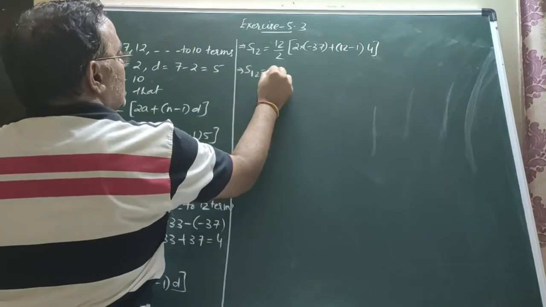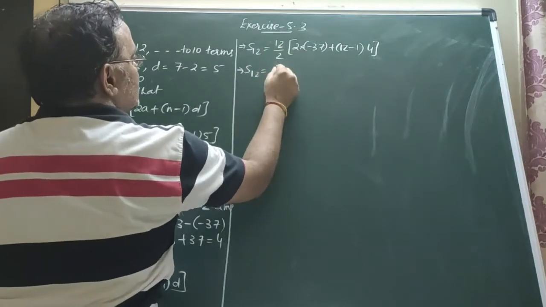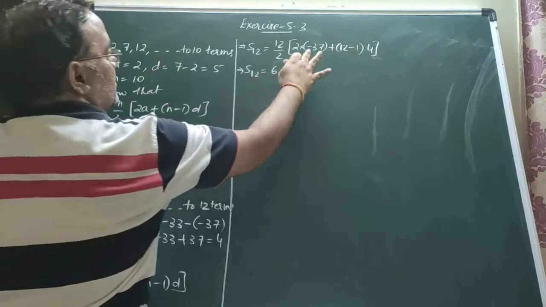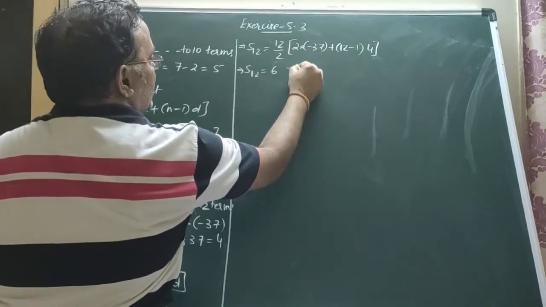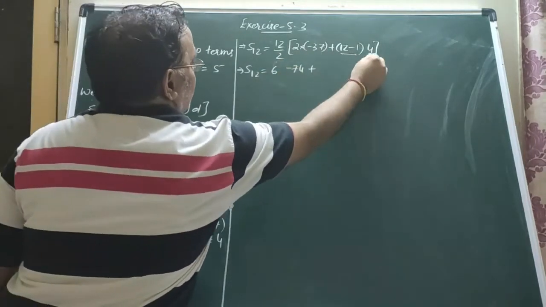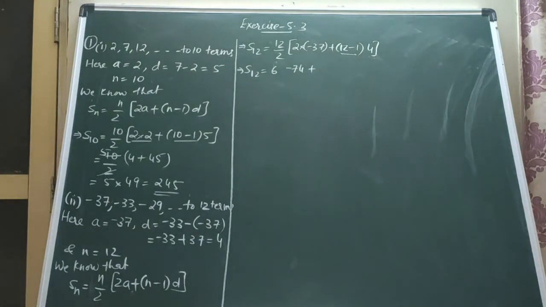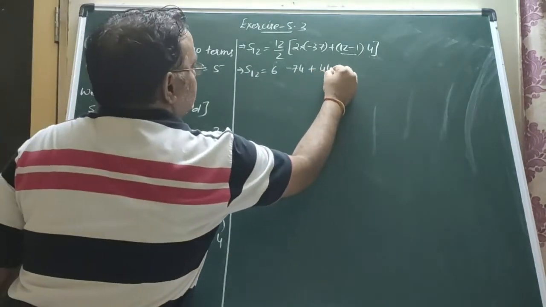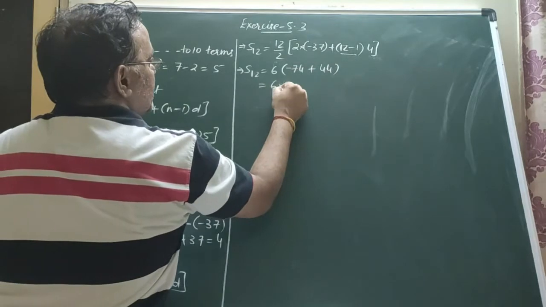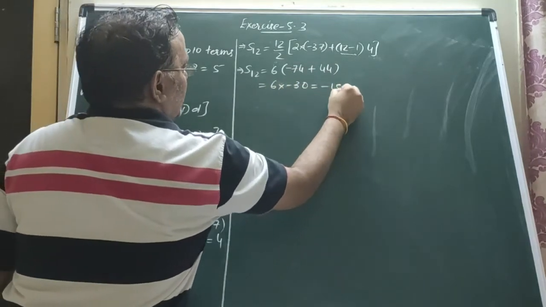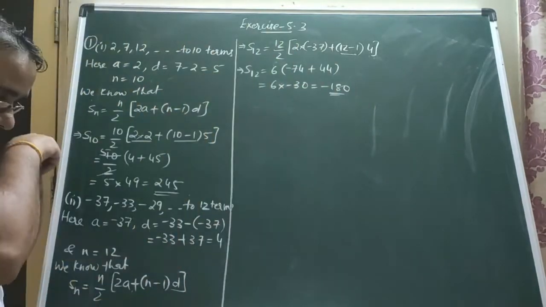Okay. So 12 by 2 is 6. And 2 into minus 37 is minus 74 plus 11 into 4 will be 44. So 6 into minus 30. So the final answer is minus 108.